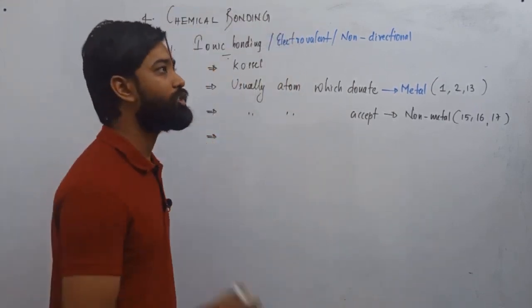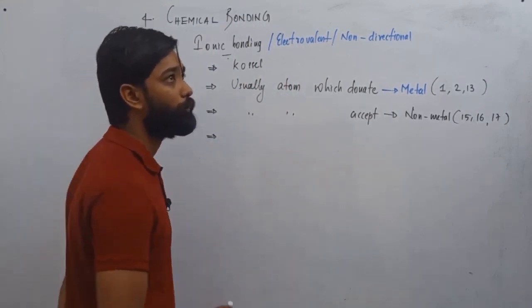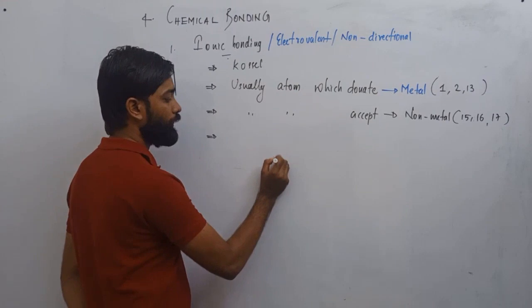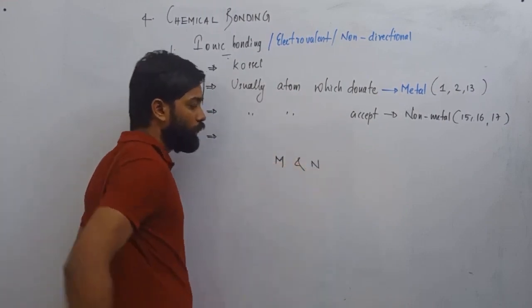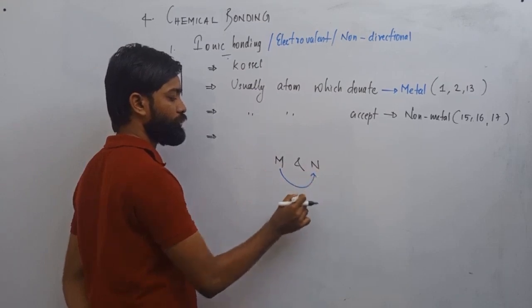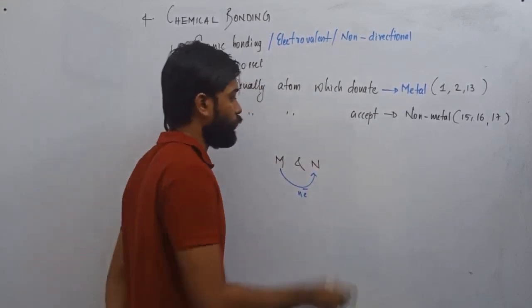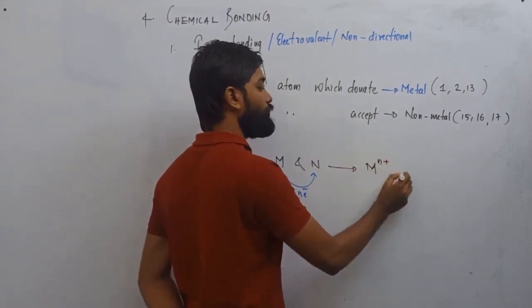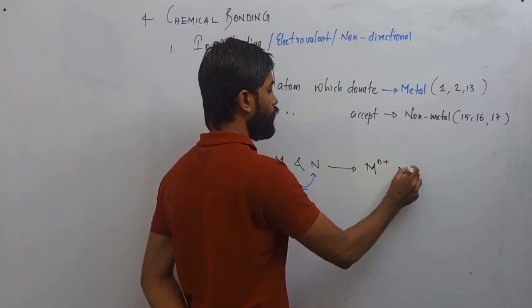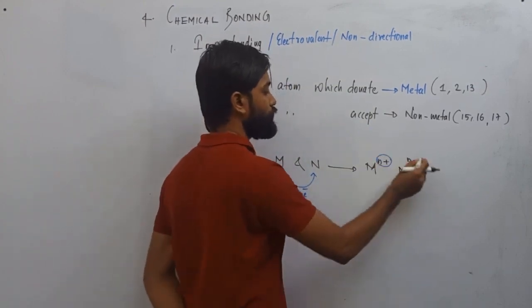Next point: electrostatic force of attraction exists between them. When the metal loses an electron to the non-metal, the metal becomes N plus, and the non-metal that gains an electron becomes N minus.